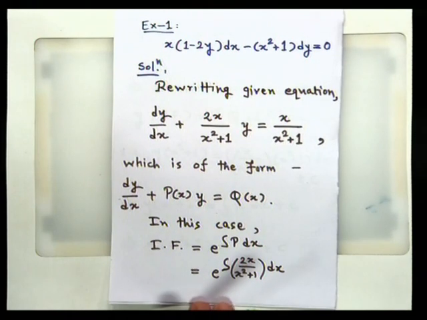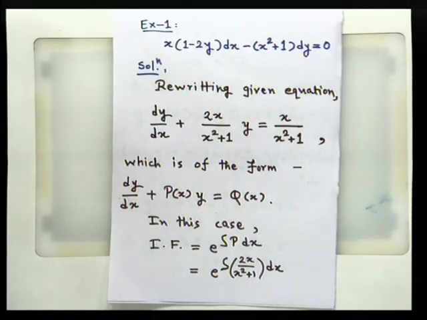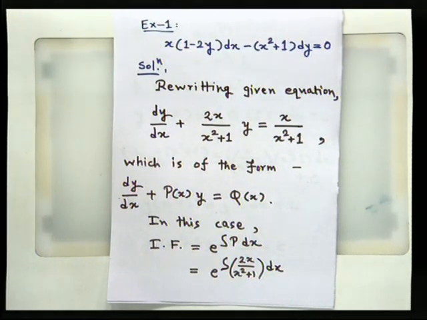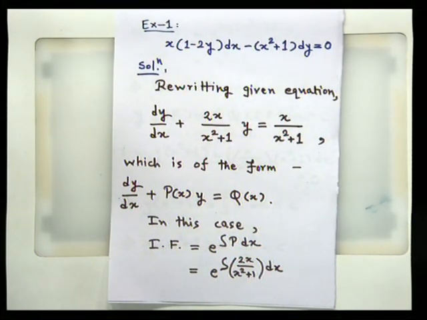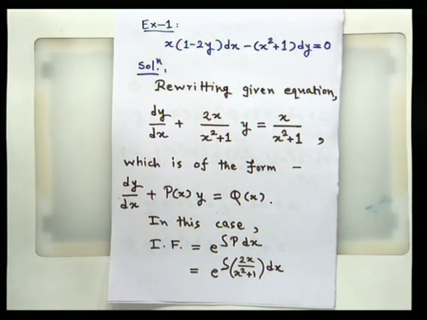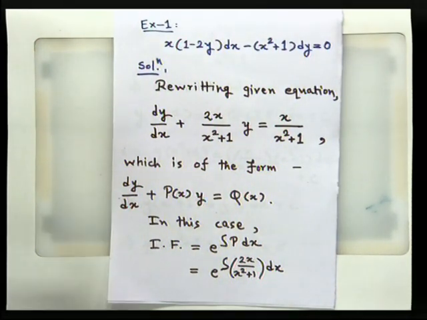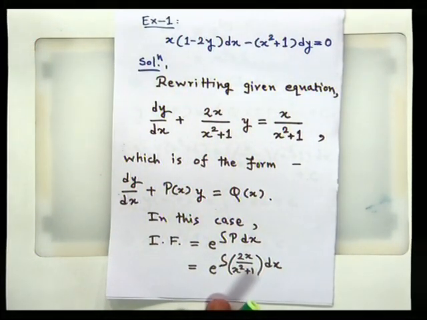So this is a Leibniz linear differential equation, and its solution is given by first finding the integrating factor, that is e raised to integration p dx, and then by the formula y into the integrating factor is equal to integration of q into integrating factor dx plus c.